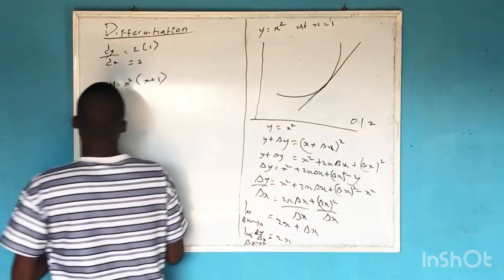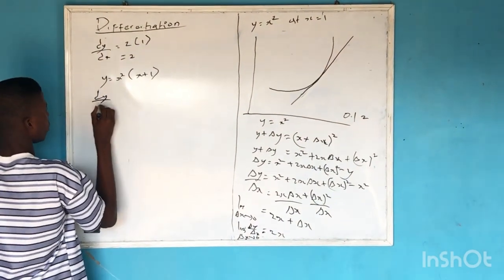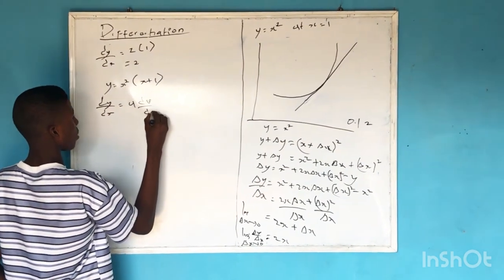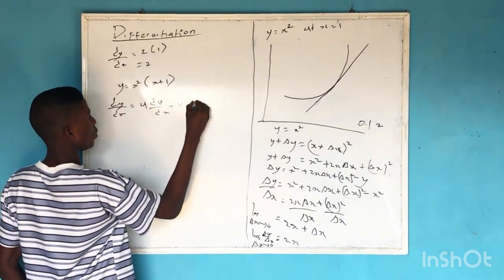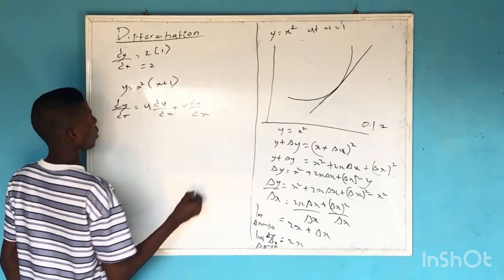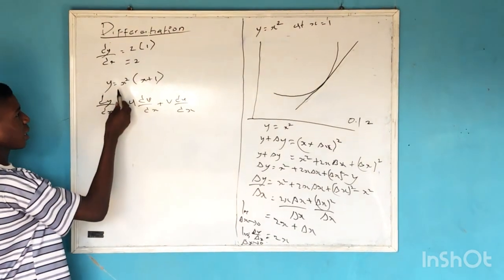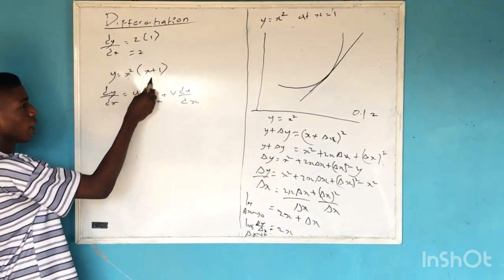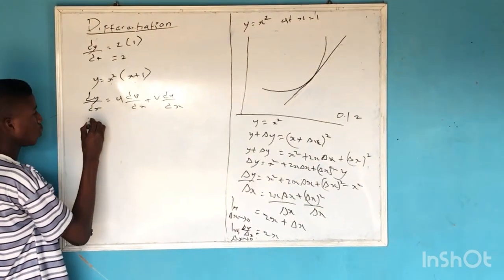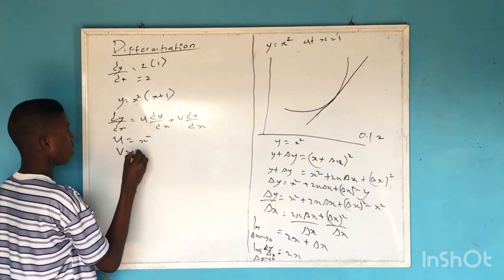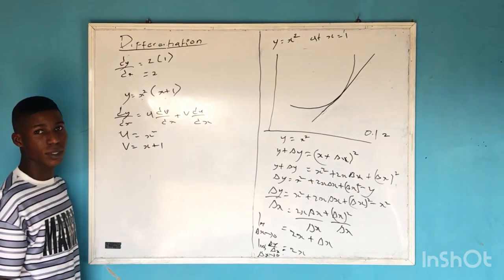The product rule states that my dy dx will be u dv dx plus v du dx. So what I'm going to do is pick this to be my u and this to be my v. Let's say u is equal to x squared and my v should be x plus 1.